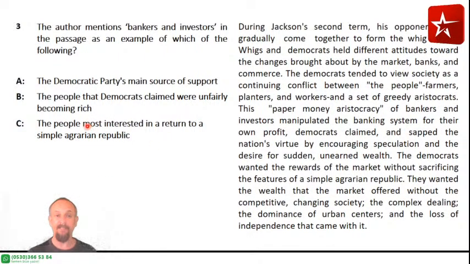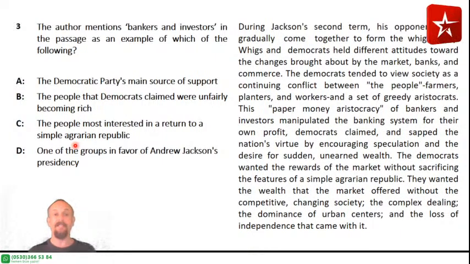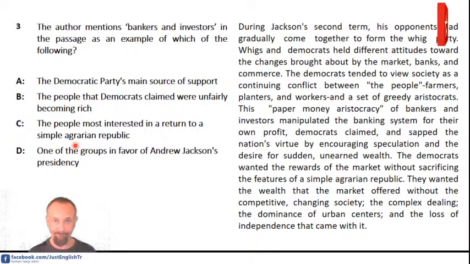Agrarian down here means farming republic. Agra means land in Latin. An agrarian is someone who works with the land, also known as a farmer. So a farming republic, as it were. And then we have D, one of the groups in favor of Andrew Jackson's presidency.